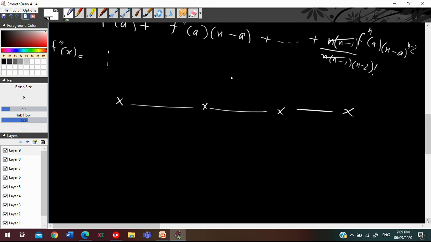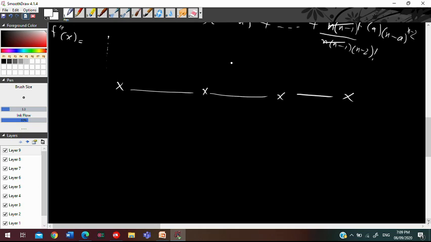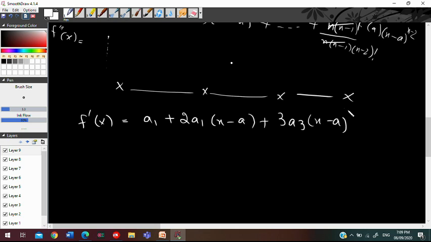So that's why I'm saying that f prime of x is equal to a1 plus 2a2 into x minus a plus 3a3 into x minus a whole square plus up to n into x minus a power n minus 1 plus so on.